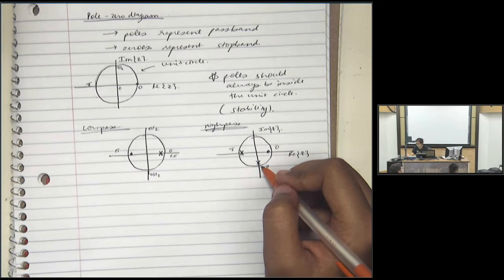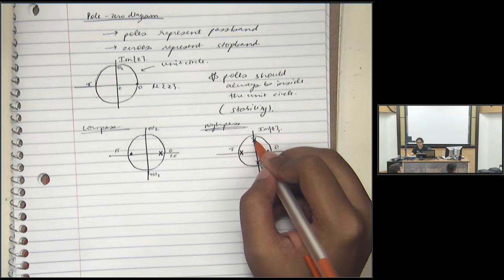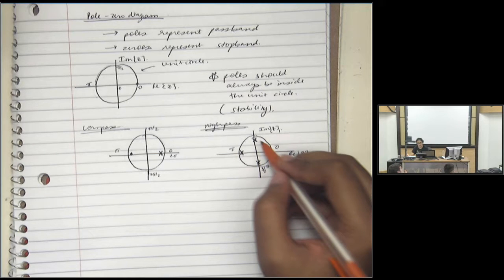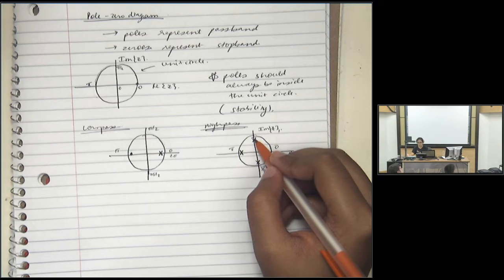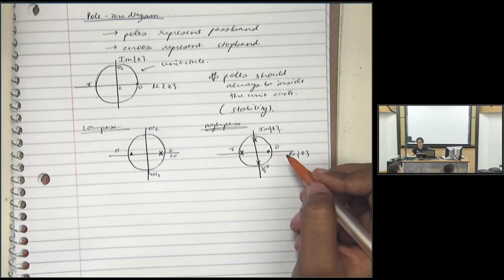If you have a pole here, you'll have a pole here as well, conjugates. On the imaginary axis you'll have conjugates. So you'll pass pi by 2 as well, if you want to pass 3 pi by 2 also. That's why you put it exactly on the axis, so you don't have a conjugate.